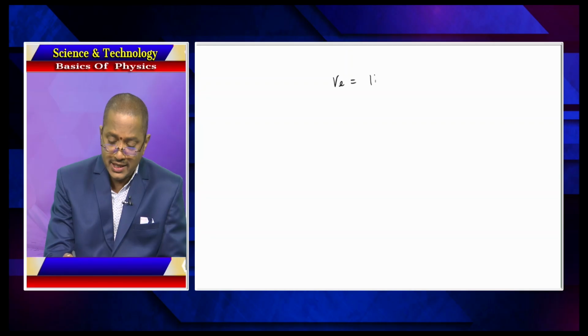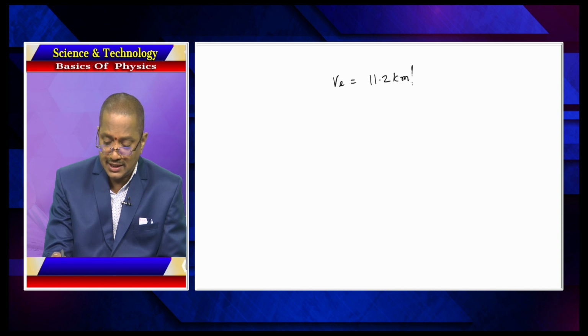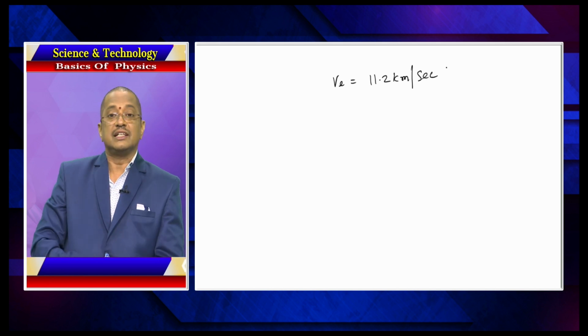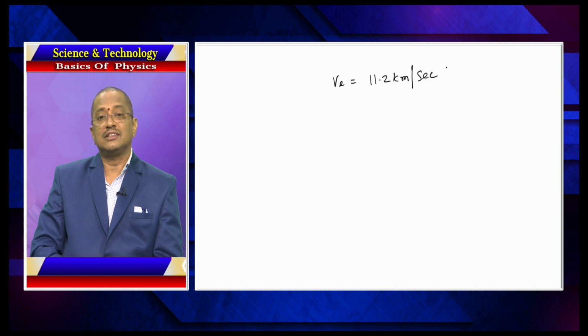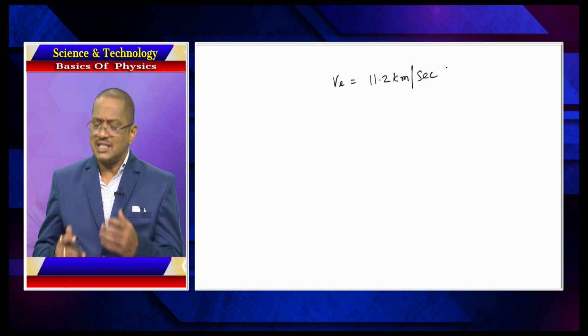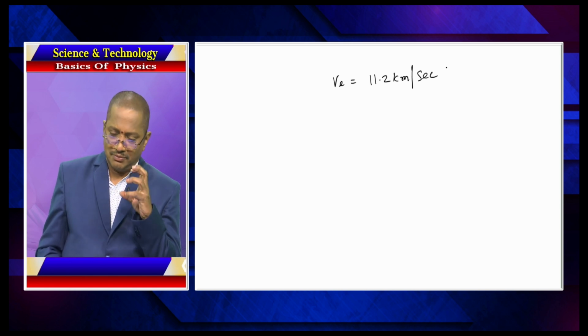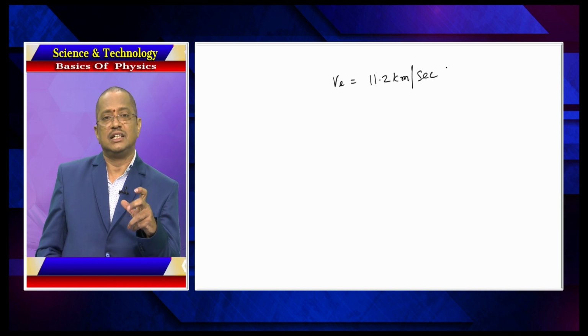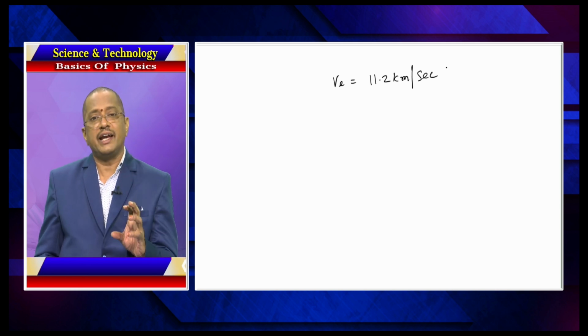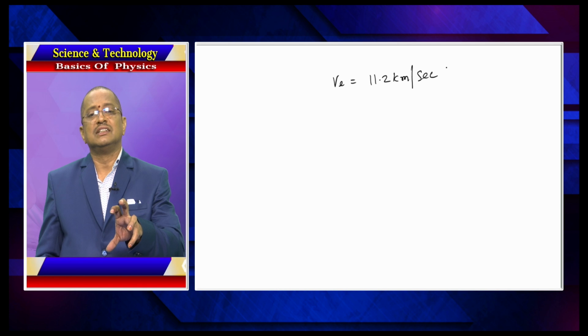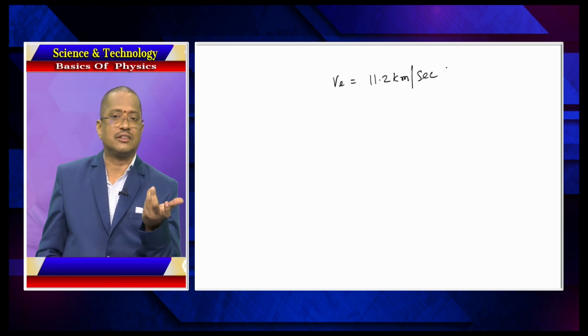The escaping velocity on earth is 11.2 kilometers per second. What is escaping velocity? It is the velocity required to project a body to escape from the gravitational force of our earth.